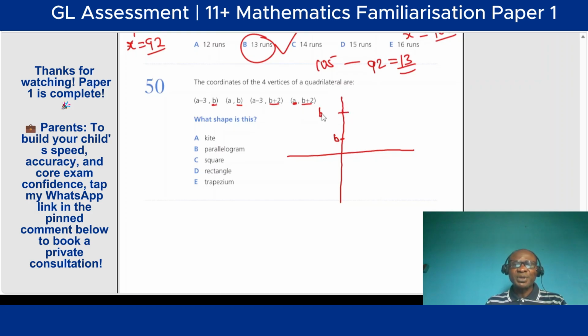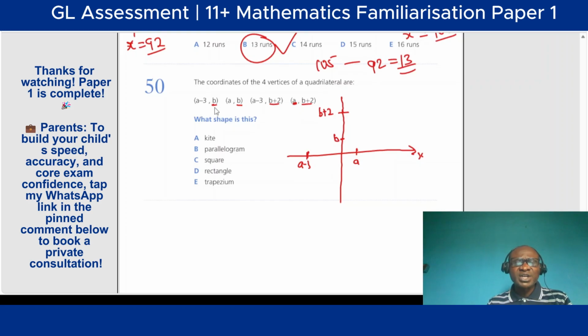So let this place be b plus 2. I also have a. Let this place be my a. And then a minus 3, so it will go to the left-hand side. Let this place be a minus 3, because if it is plus, I will put it on the positive side of x. Now, I have gotten this.